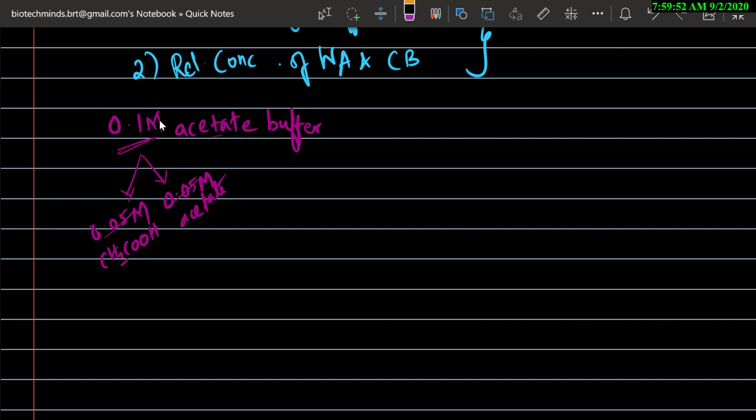Okay, and how would you determine that? So this 0.1 molar acetate buffer, now coming into practical terms, if you go for biochemistry practicals, how would you prepare this 0.1 molar acetate buffer? It contains 0.05 molar of acetic acid, so you have to prepare 0.05 moles of acetic acid. And how will you prepare the acetate?